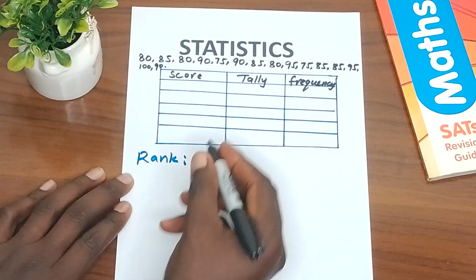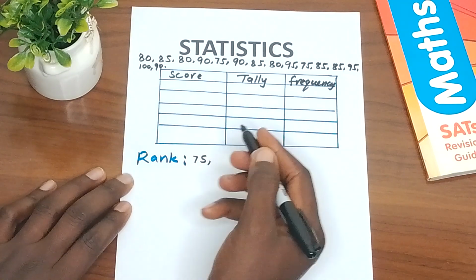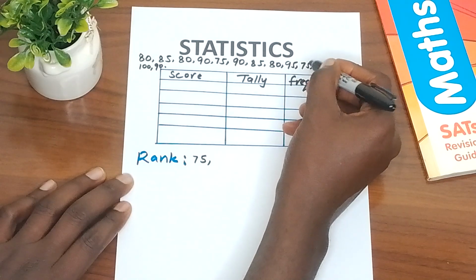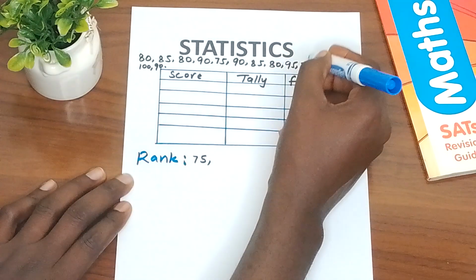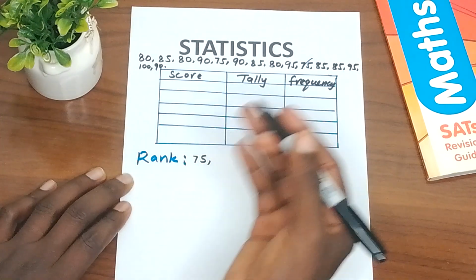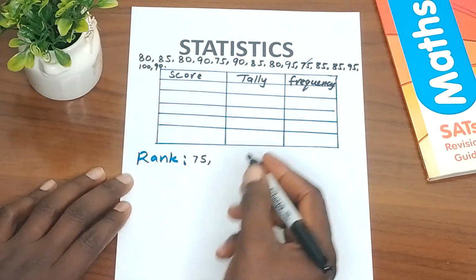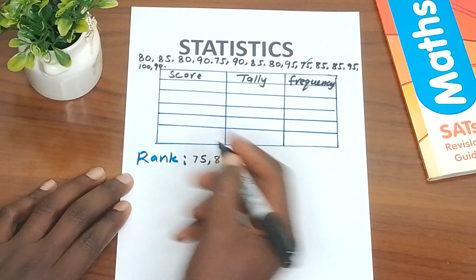So we'll start with the smallest number we have here, which is 75. It is right here. As you arrange, you are even free to put a mark so that you know that number has already been arranged. Then we have 80.